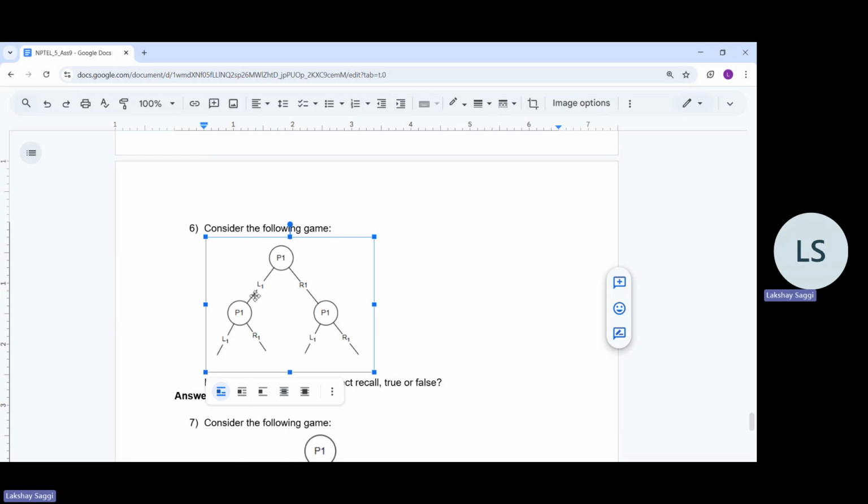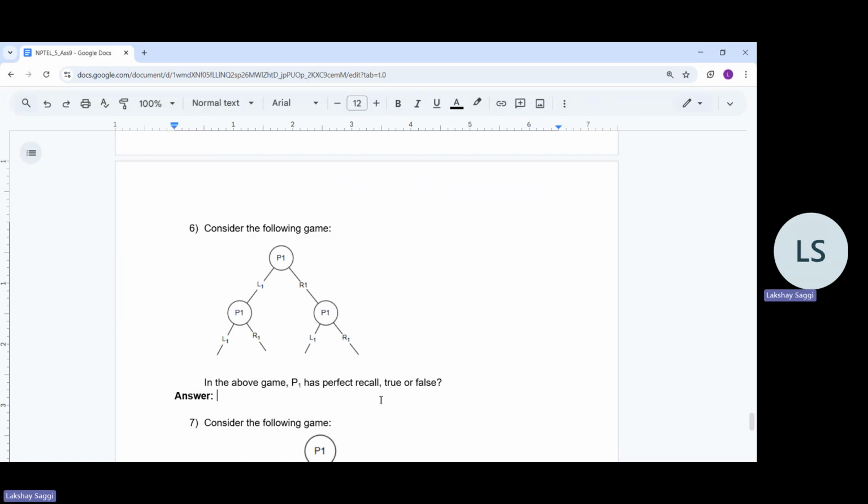So it's a multi-stage game, where the players play more than once. Basically, player one is playing more than once. At the first stage, player one plays L1 or R1, and correspondingly, P1 plays again L1 or R1. Now the question asks us: in the above game, P1 has perfect recall, true or false.